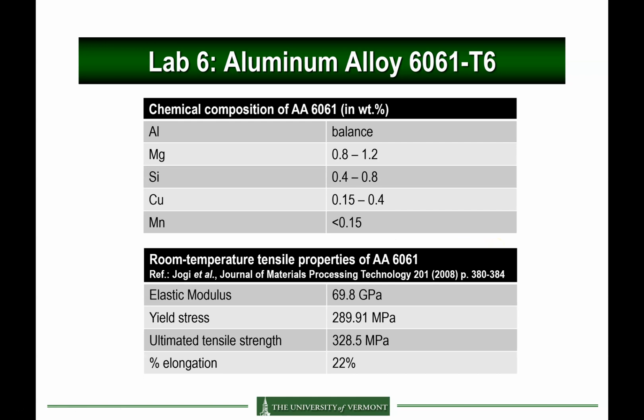So let's talk about the alloy. This is an aeronautical aluminum alloy. It's aluminum with a small amount of magnesium, and this contributes to the strength of the material at relatively higher temperature than room temperature.